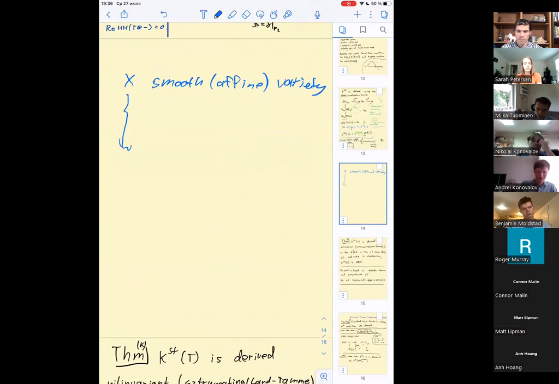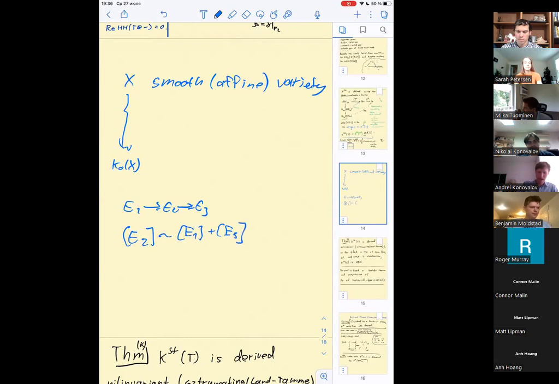One can assign to it algebraic K0 of X, which can be defined as follows: you consider all algebraic vector bundles on X and take the quotient by the relation that whenever you have three bundles E1, E2, E3 and an exact sequence of them, then you want the class of E2 to be equivalent to the class of E1 plus the class of E3.